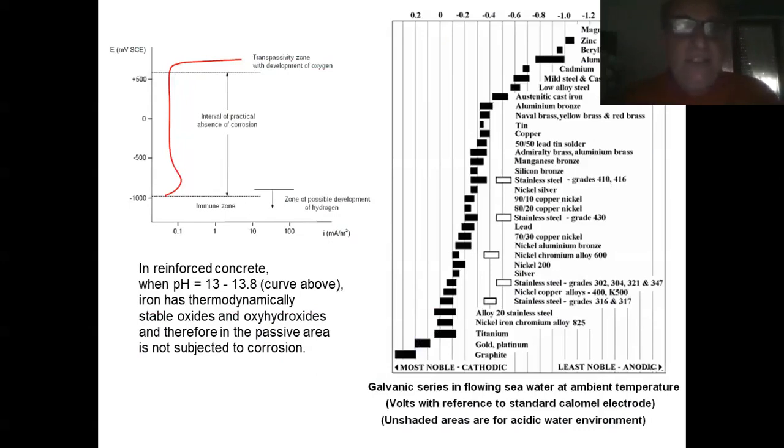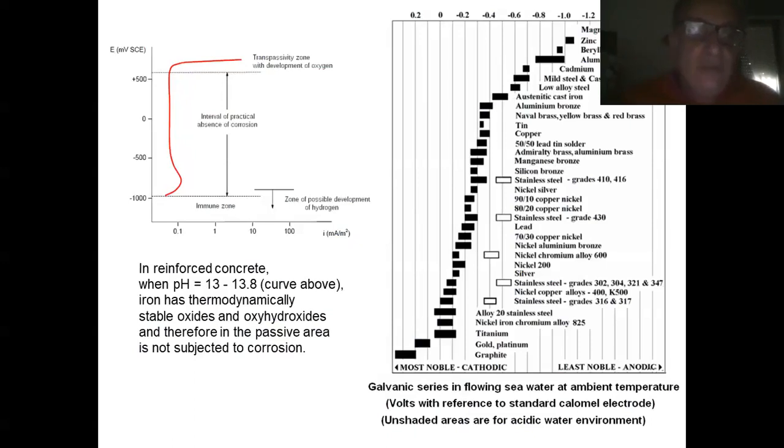For example, this is the curve in reinforced concrete at pH over 13, between 13 and 13.8, and it's basically about the same curve. And you basically have an immune zone with a very limited passage of current, which I don't show, and where hydrogen can be developed, which is immune from corrosion.